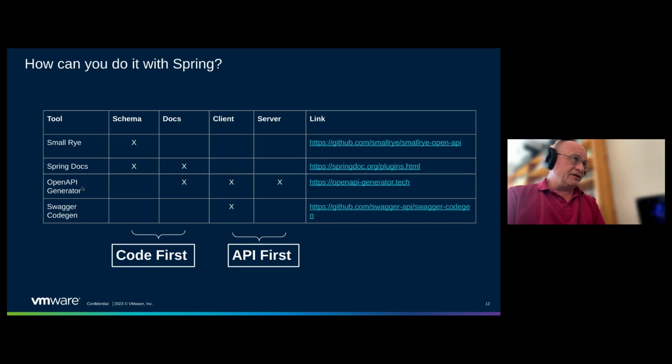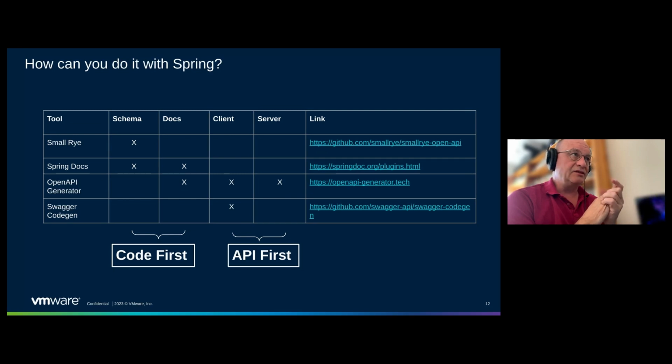On the other side, so API first, there are a couple of things that I've seen people using. OpenAPI Generator is kind of the official community-driven project. It's very large. It's one big spaghetti mess of mustache templates for many, many languages.